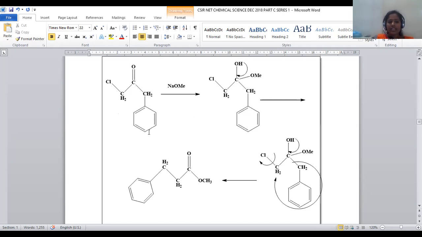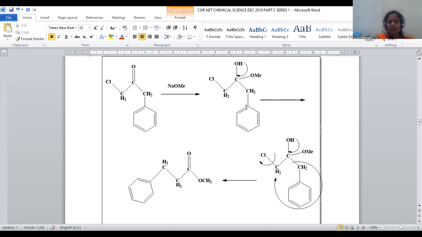Now let us go with the second compound, where we are taking 1-chloro-3-phenyl propanone. Upon treating with sodium methoxide, what happens? Again, there is a possibility of nucleophilic addition at this carbonyl center. When the sodium methoxide is added at the center, this carbonyl group is converted into OH, and the OMe group will be added.